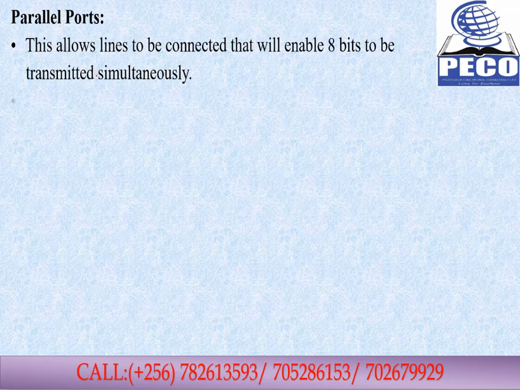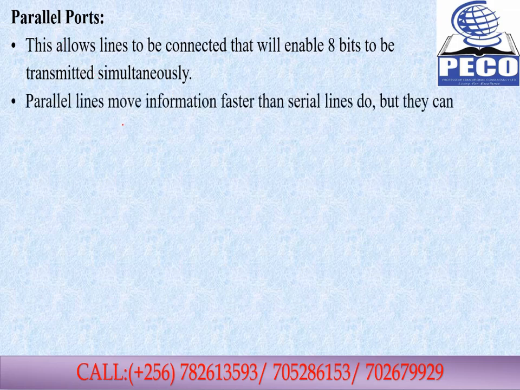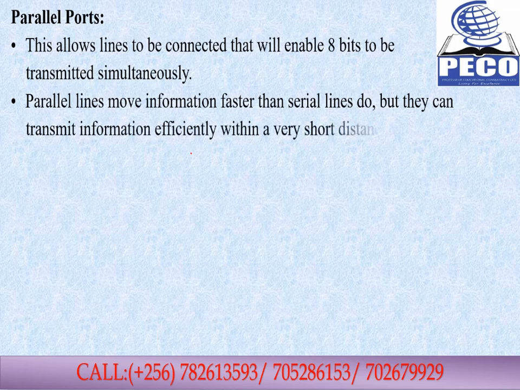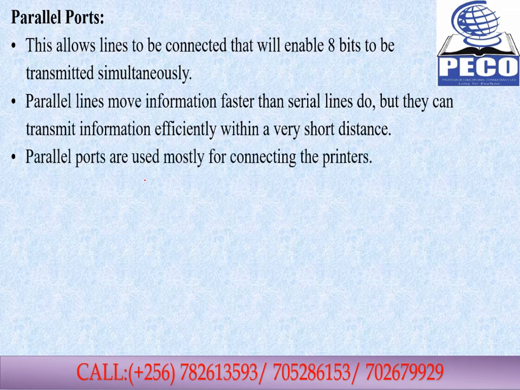Parallel lines move information faster than serial lines do, but they can transmit information efficiently only within a very short distance. So parallel ports are used mostly for connecting printers.